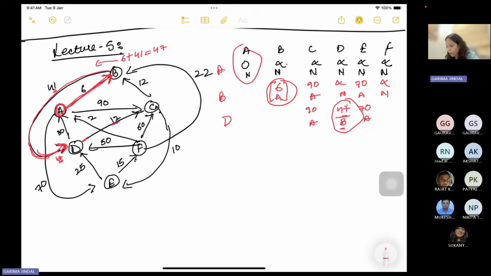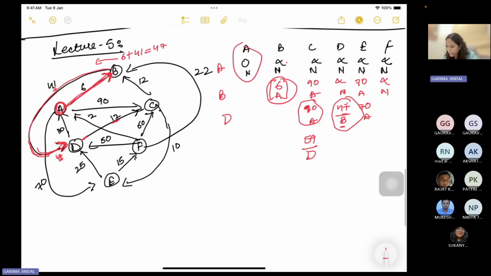We will see what the previous length of the path to reach C was. The previous was 90, and after going through this path the current cost is 59. So we will update this value to 59, and we are trying to reach from D.